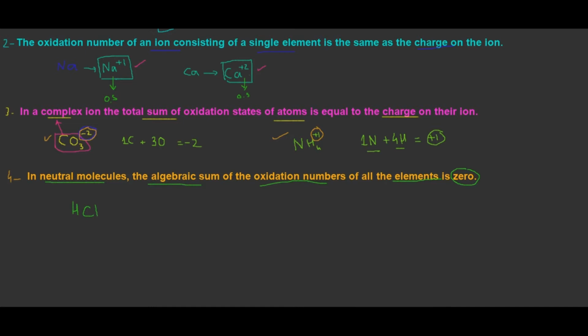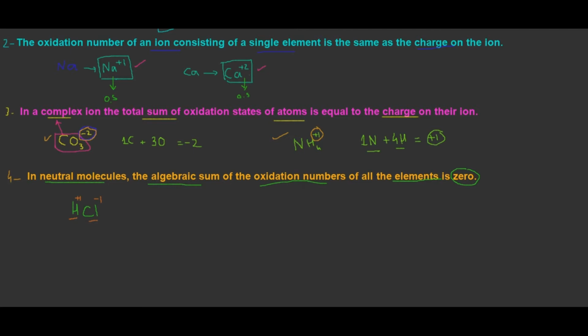As we know that in this case we have +1 charge on hydrogen atom and -1 charge on chloride ion. So this is hydrogen ion, and this is chloride ion.